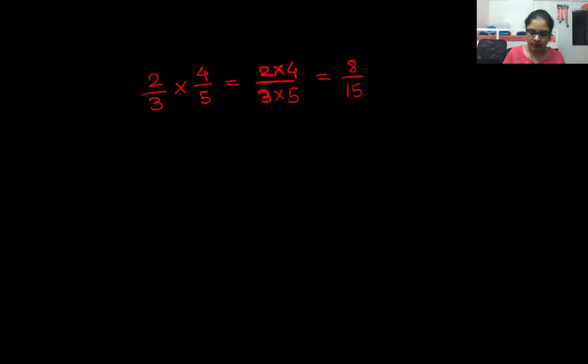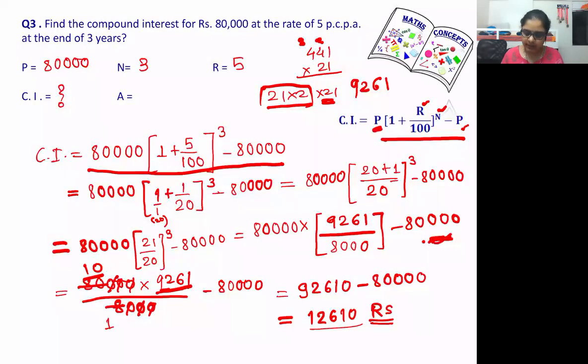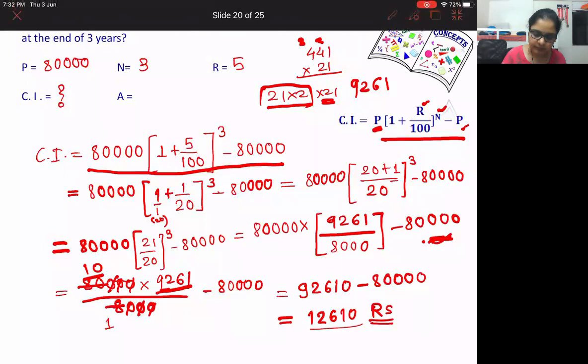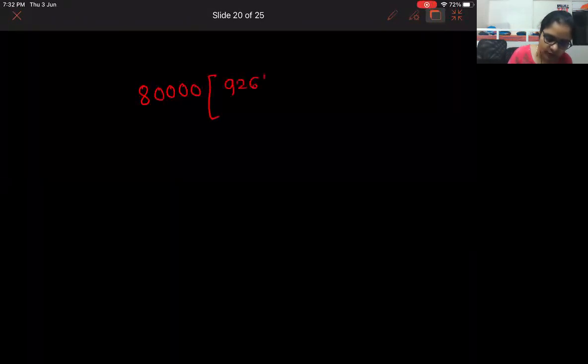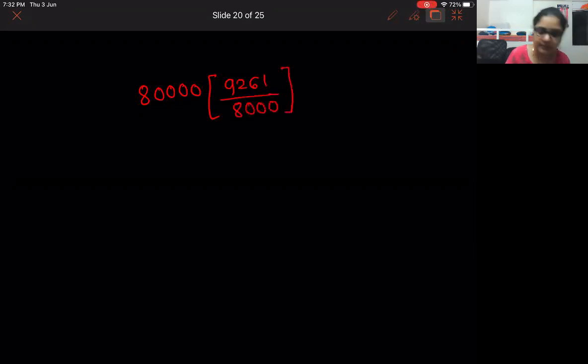In our question, it was 80,000 into 9261 upon 8,000. So it is 80,000 in bracket 9261 upon 8,000. Right? It is like this.